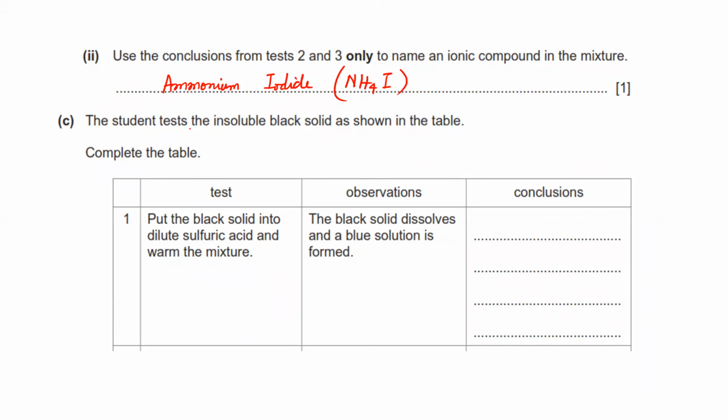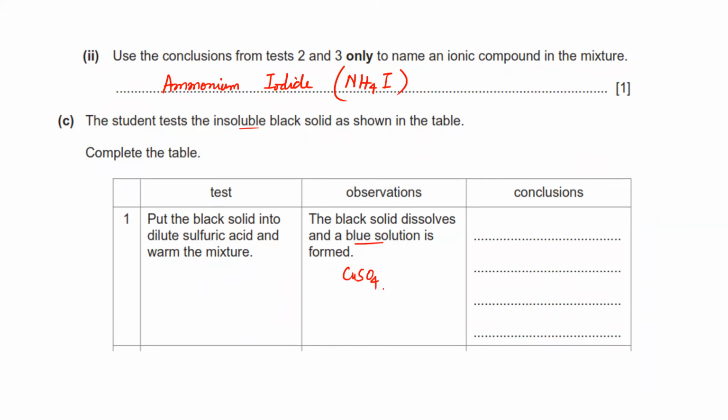Then part C says the student tests the insoluble black solid as shown in the table. In test one, he puts the black solid into dilute sulfuric acid and warms the mixture. The solid dissolves and a blue solution is formed. Remember, blue solution is always copper sulfate, and it's very poisonous.